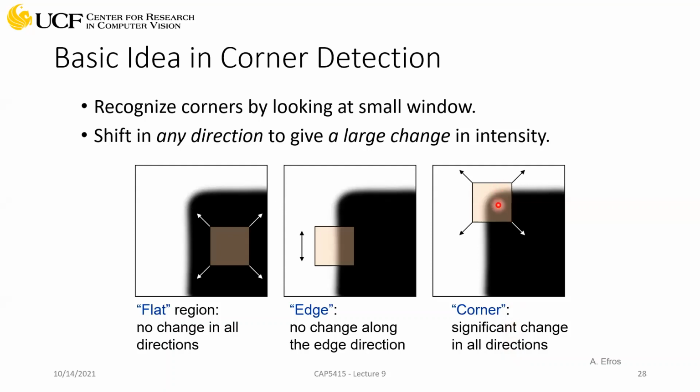Okay, so that's the basic idea. If you move around your kernel or your window and you are observing some change in the intensity, it means that you can assume that it could be a corner at that location. We'll use this intuition to detect these corners.